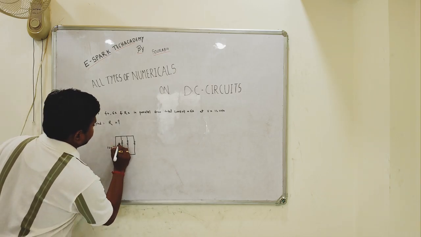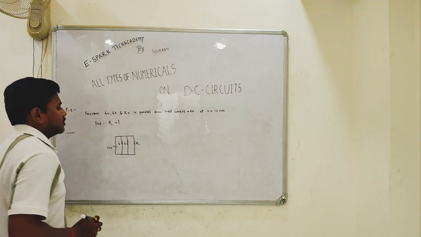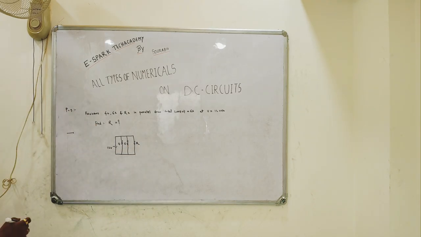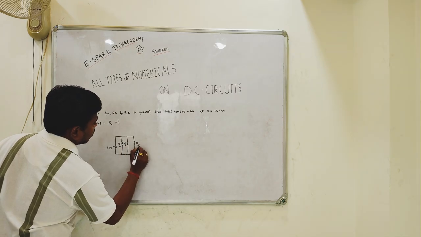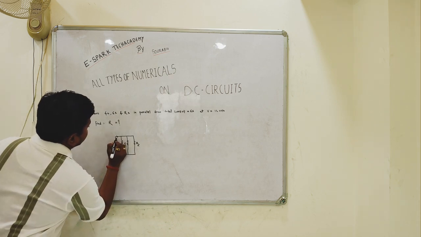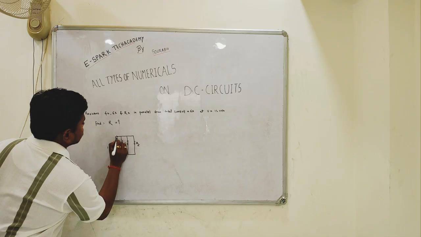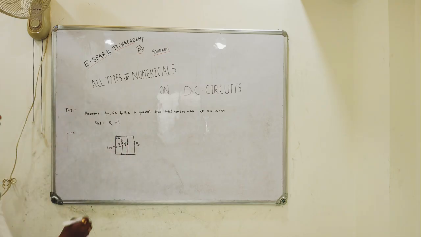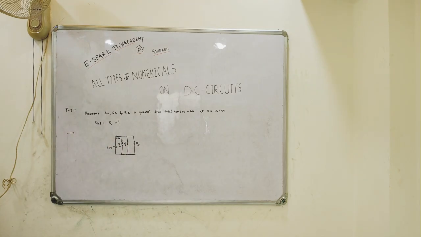This is of 4, 6 and R ohms respectively. These all are in ohms. Now they have given the current also. Current I is given as 6 amperes.